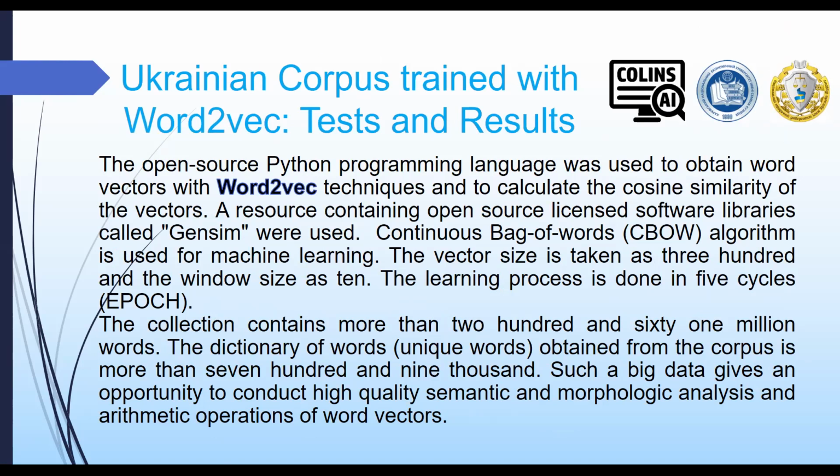The learning process is done in 5 epochs. The collection contains more than 261 million words. The dictionary of unique words obtained from the corpus is more than 709,000. Such big data gives us an opportunity to conduct high-quality semantic and morphologic analysis and arithmetic operations.